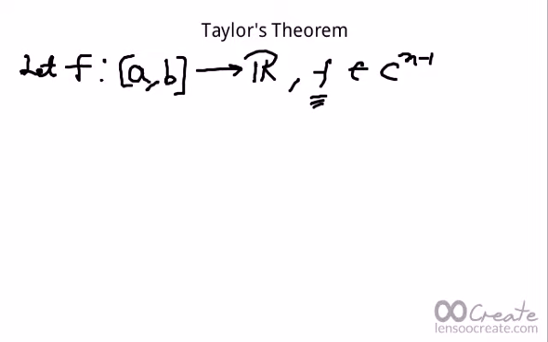C^(n-1) is the set of functions whose (n-1)th order derivative exists and is continuous.